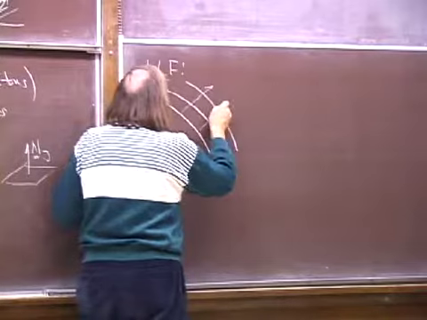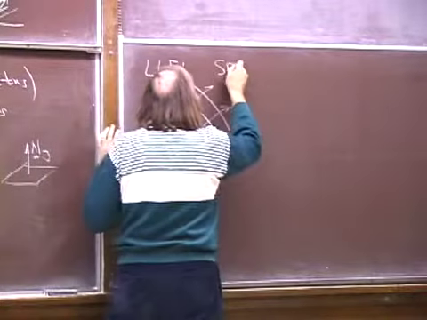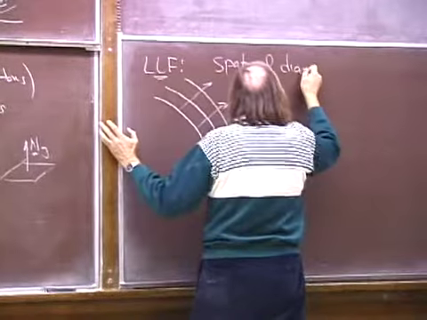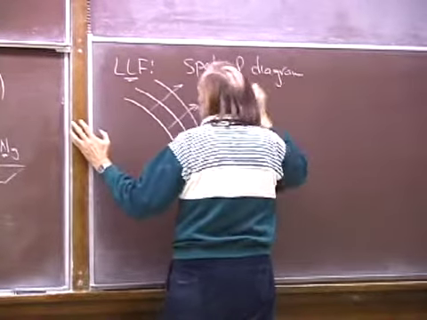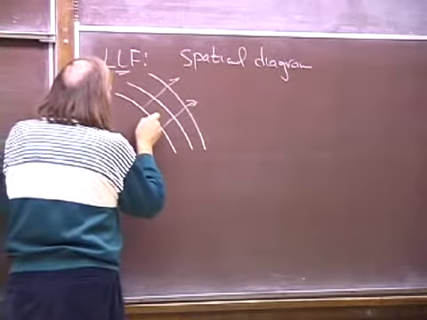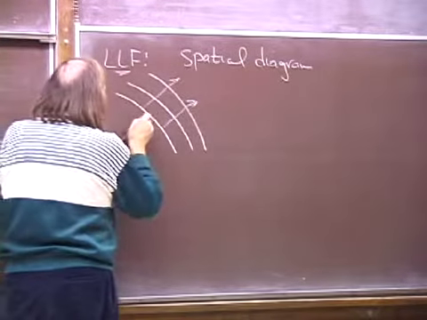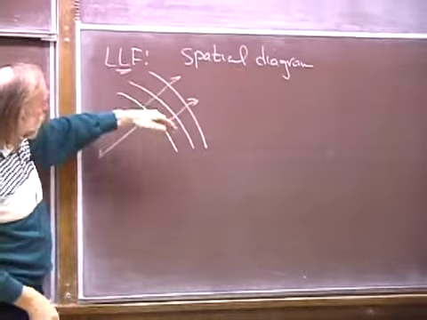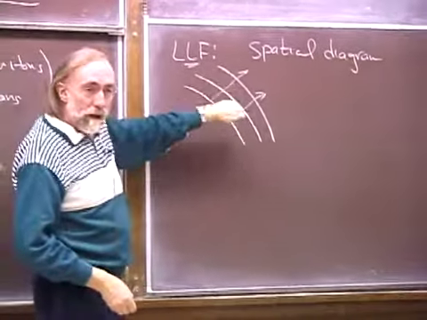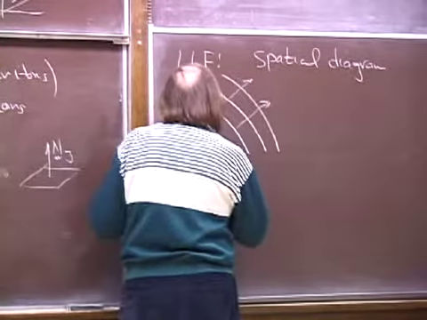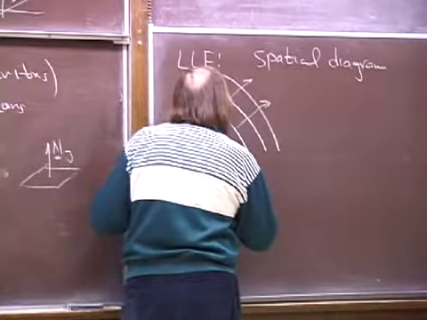This is a spatial diagram. Then these phase fronts have some radius of curvature. It's really an average of the radius of curvature in this direction and that direction, but it's the usual radius of curvature that you would define for a surface. Let's call R the radius of curvature.